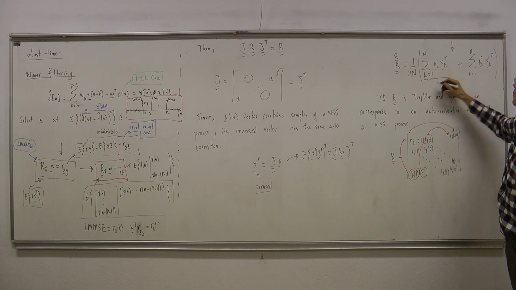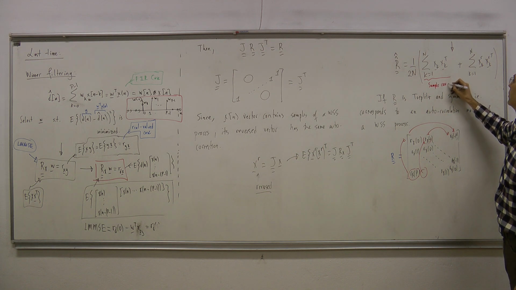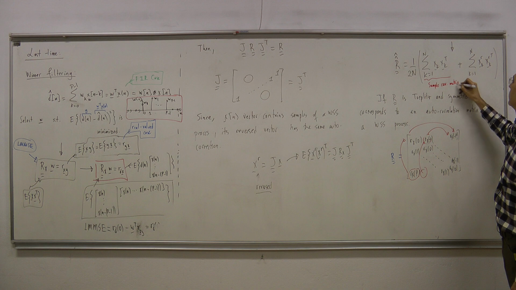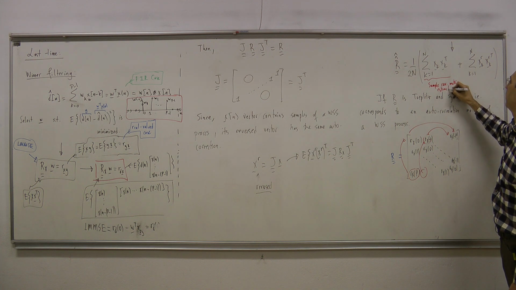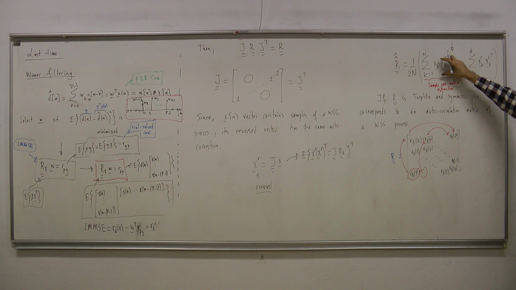So if you come back to this, this part is the sample covariance matrix estimation. So you are provided by sample vectors. This is the outer product of all of these vectors.